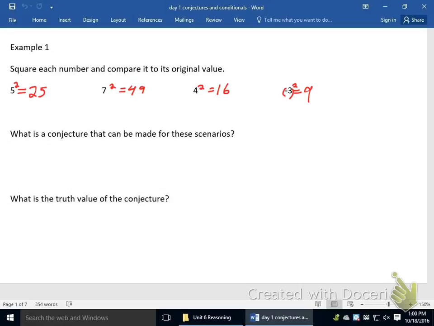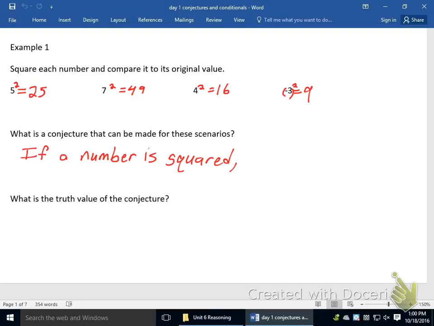So what is a conjecture that can be made for these scenarios? Just comparing the square to the original value, every single time it was greater than the original value. Even when it was negative, when I squared the negative, it became positive, so the 9 is greater than negative 3. So that will be my conjecture. If a number is squared, then its value is greater than the number.